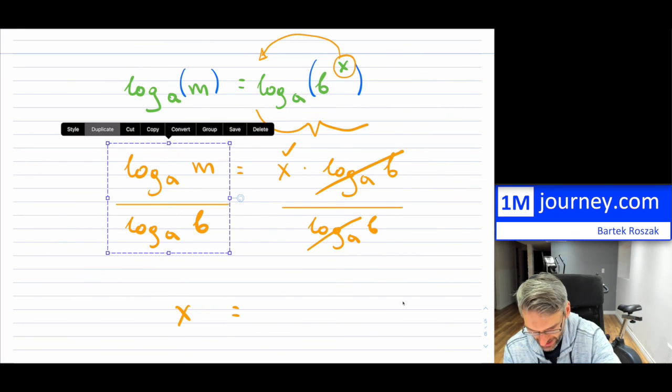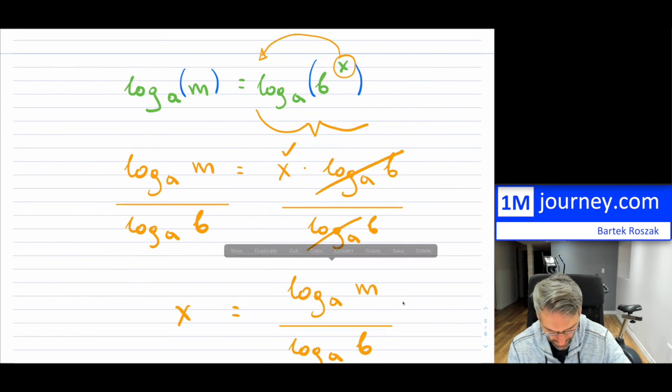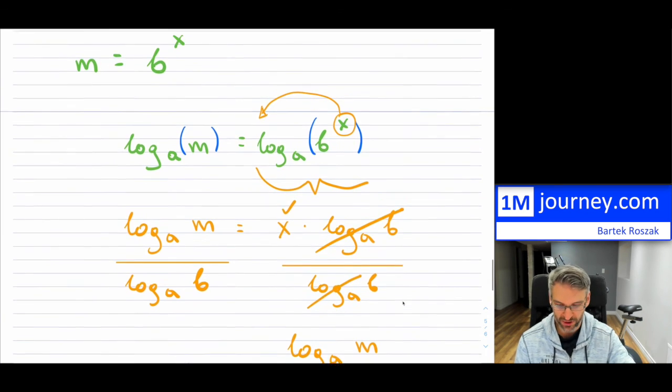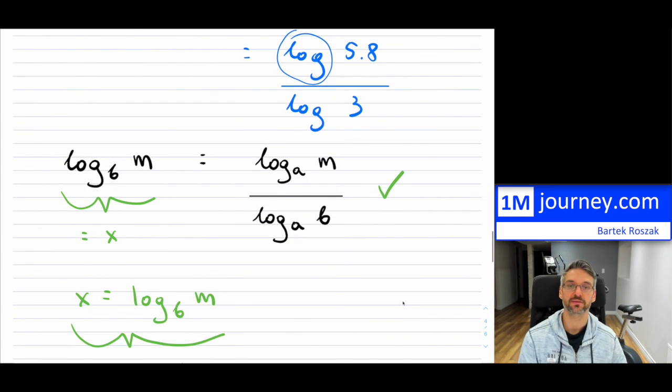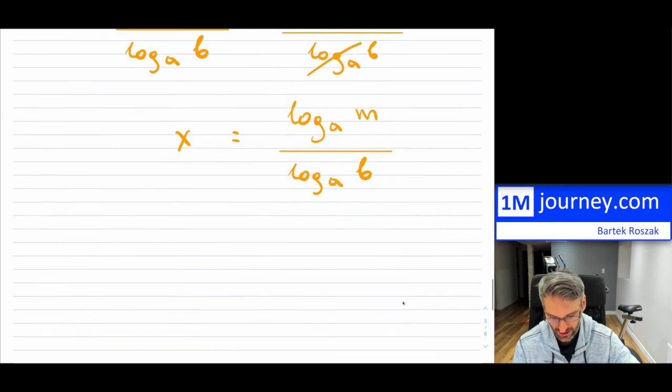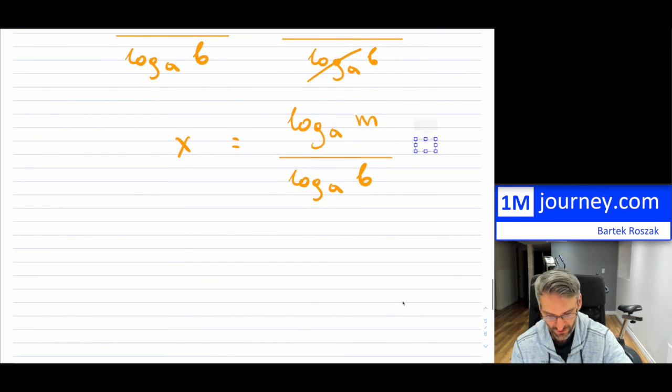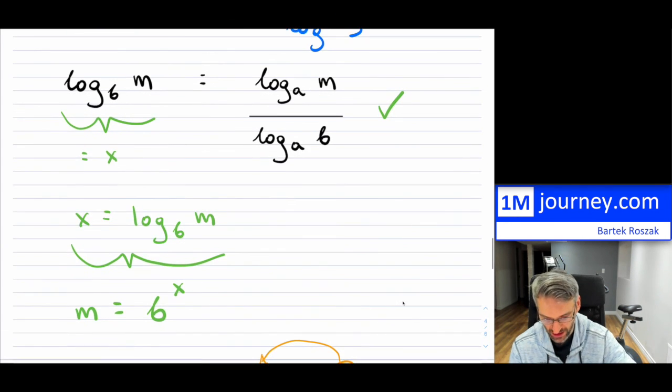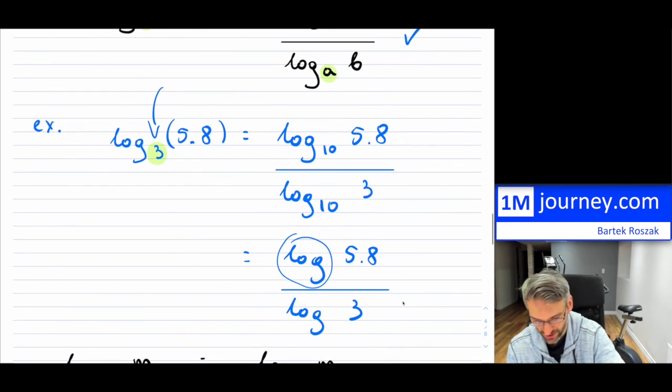But hold on, isn't that what the property just told me? Yes, it is. So you can change the base if you like. It's super convenient to be able to do that, as I have just shown you in this particular example. That's where it's most useful.